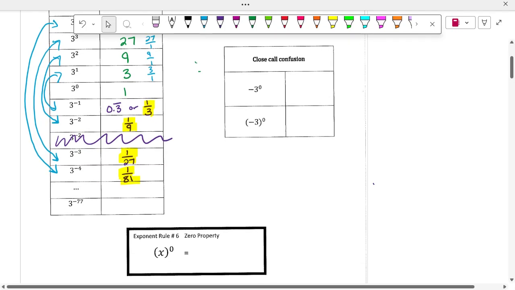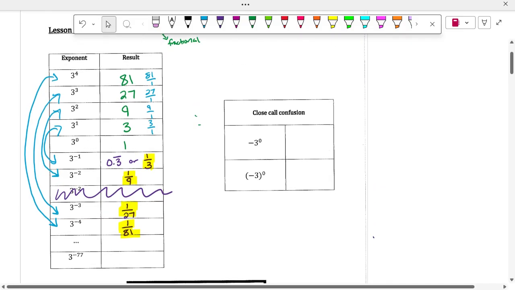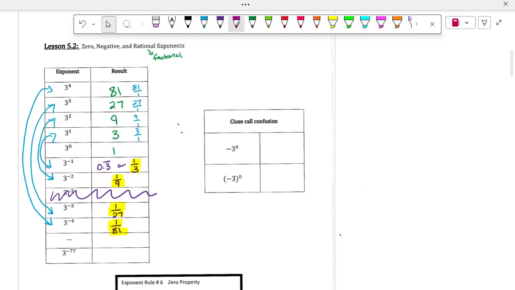So now 3 to the 77 power is too big for us to get a nice number. But if I just want to leave it with the exponents intact, what do you think 3 to the negative 77 is the same as? 3 times 3, 77 times. 1 over 3 to the 77. So if I follow this pattern, this is essentially the same thing as 1/3 to the first, 1/3 squared, 1/3 cubed, 1/3 to the fourth.